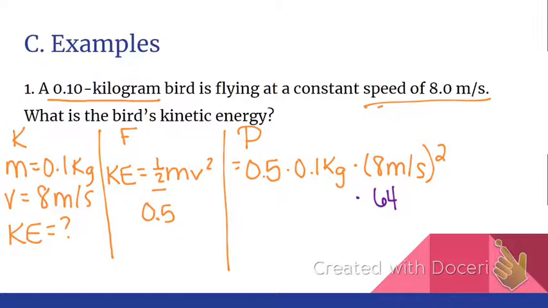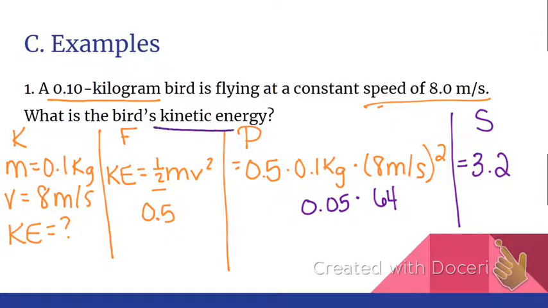When I do that, I get 0.05. The last piece is to multiply those out. So if I take 64 times 0.05, I get an answer of 3.2.